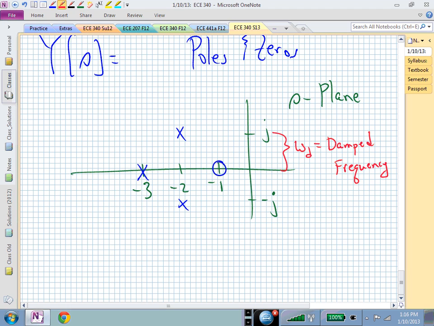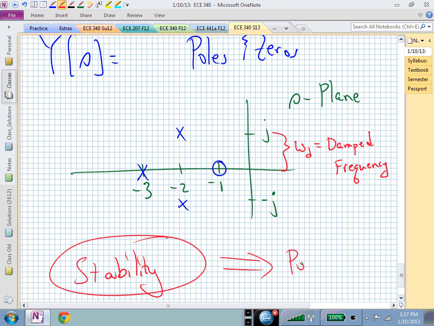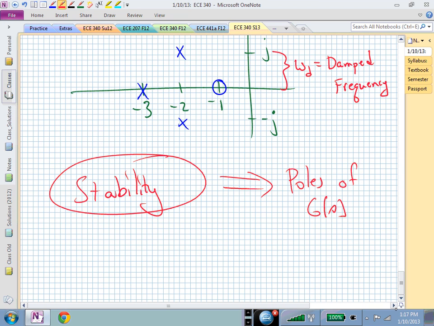Your poles being in the left half plane gives you a stable system. And we'll talk about that. That's stability, which is related to the poles of our system, G of S.